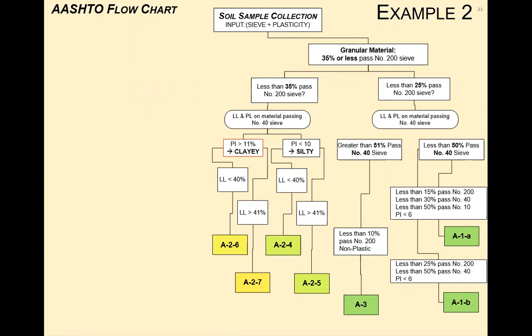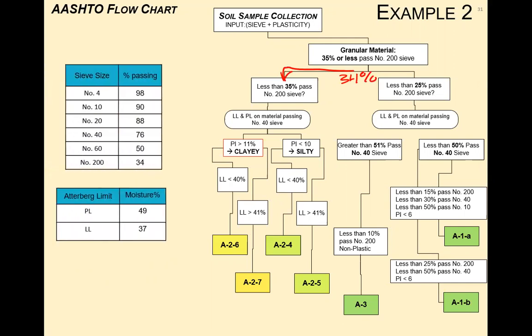So is it less than 35% passing the 200 sieve or less than 25% passing the number 200 sieve? So it's not less than 25% since we have 34%. So that means we go down this route instead. So now what we would look at is the liquid limit or the plasticity index and the liquid limit.